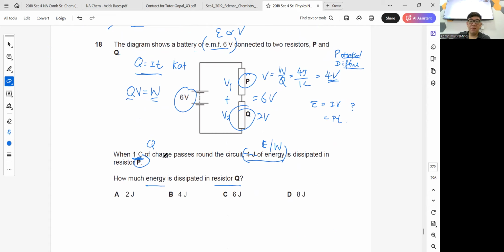it says when 1 C of charge, so it's based on 1 C. So let's say, so now you got 2 volt here, right? 2 volt is actually 2 joules per 1 coulomb, which should then be the answer.